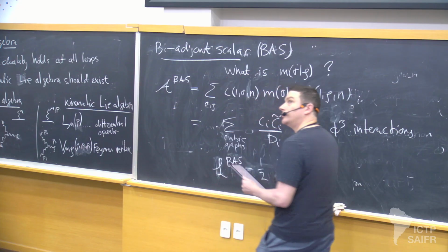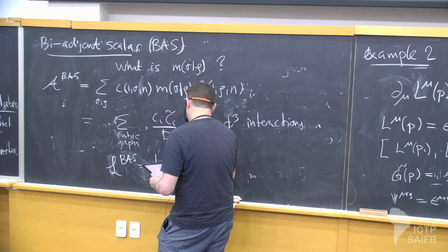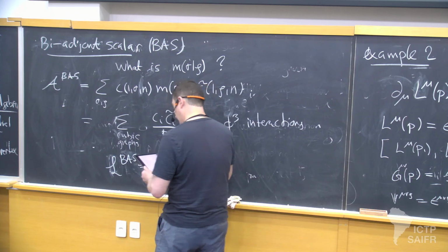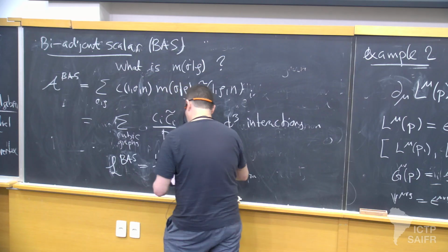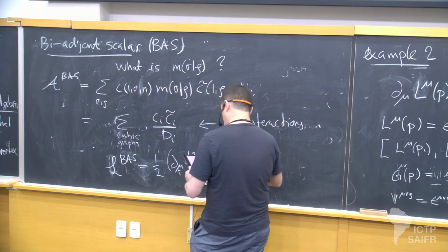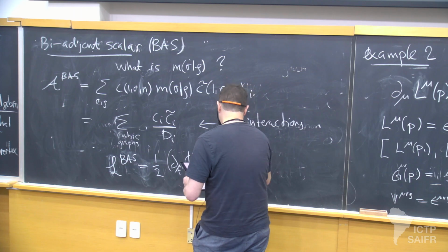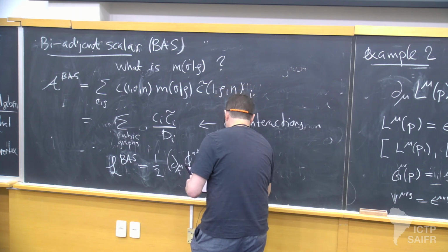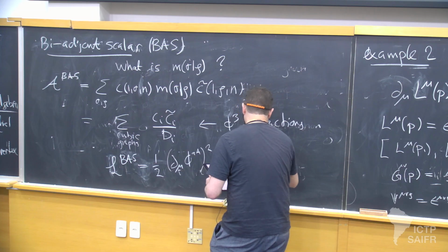So it has two adjoint indices. So typically we use the little a and capital A to denote those two adjoint indices. So they're different adjoint groups. And let me introduce a lambda there, that's my coupling. It has two structure constants.